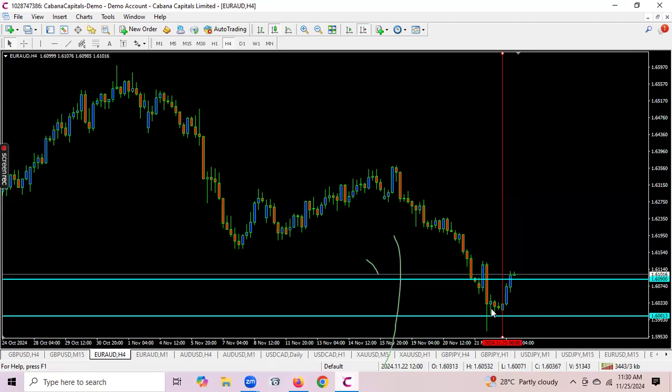See what we had on the 4 hour time frame. This is a spinning bottom.